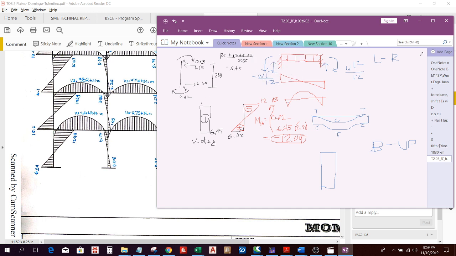Like this one. So we said this bottom will follow the left sign convention of your beam. This is going down. Therefore, your shear diagram should go downward. Sorry, this is going right, therefore it's going downward.